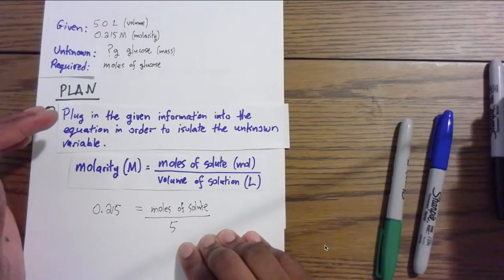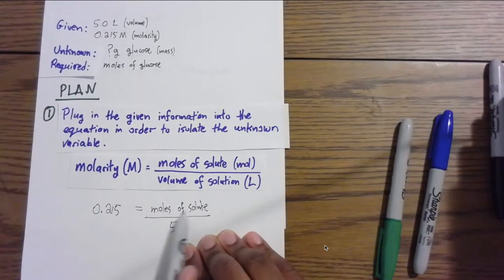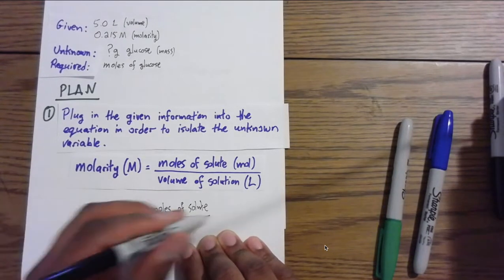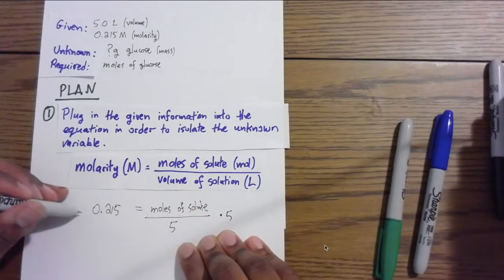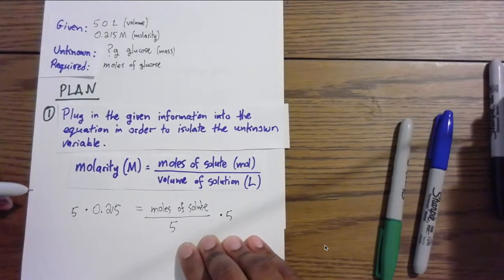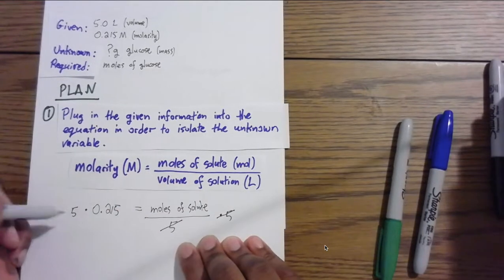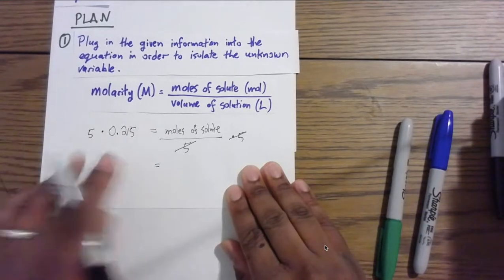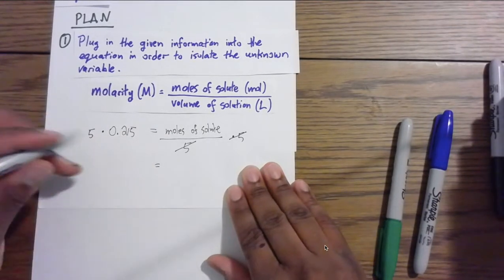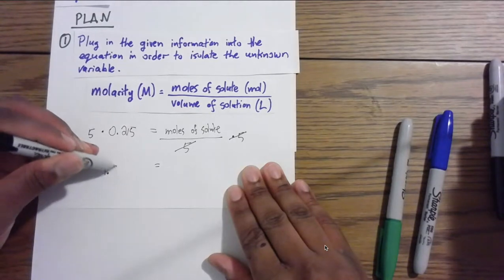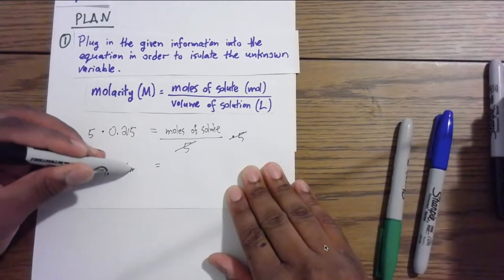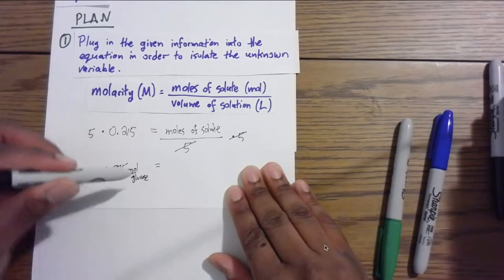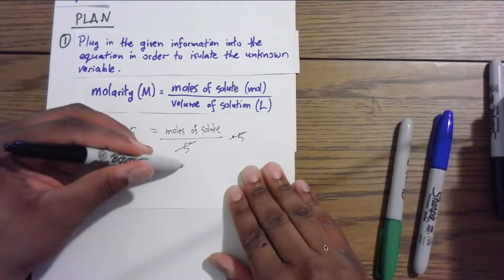Now we need to isolate this, so let's do that by multiplying both sides by 5, and once we do that, these 5s will cancel. When we do this math out over here, we get 1.075 moles of glucose is equal to moles of solute.